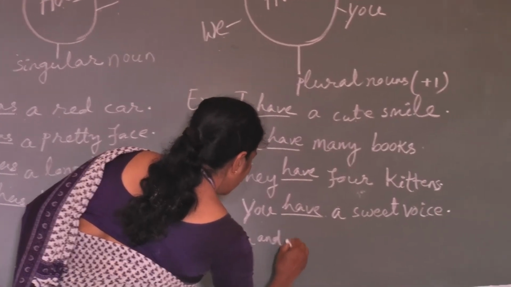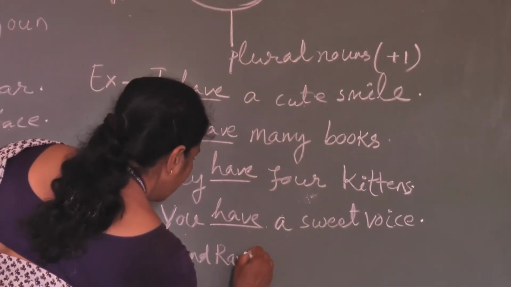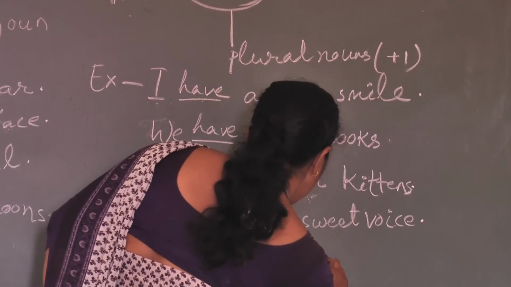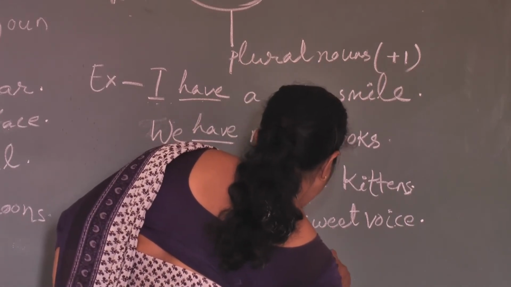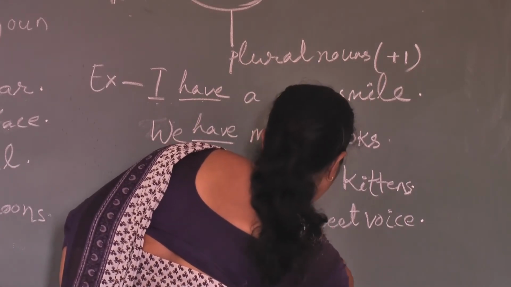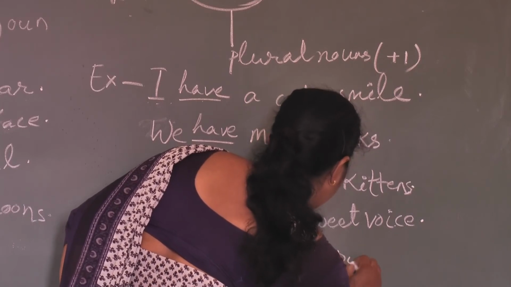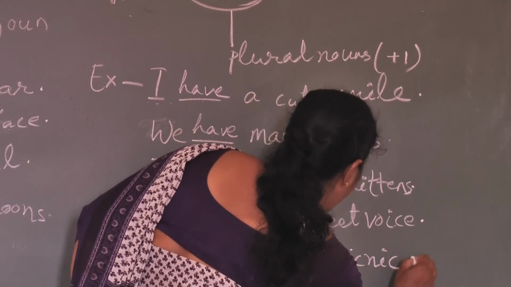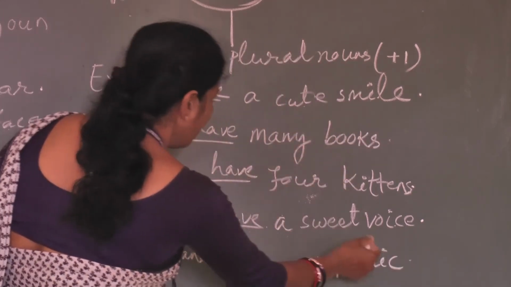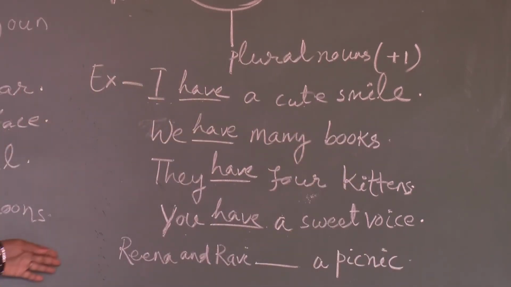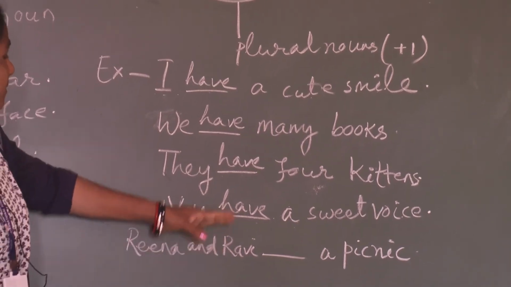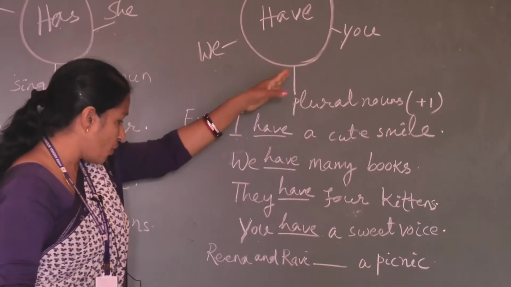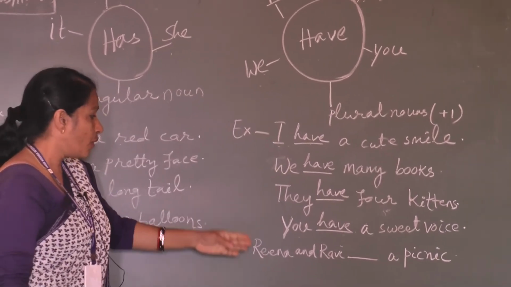Rina and Robbie dash a picnic. Is there any word Rina and Robbie here? No, there is no Rina and Robbie here. What are they?